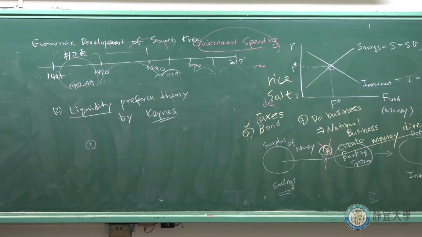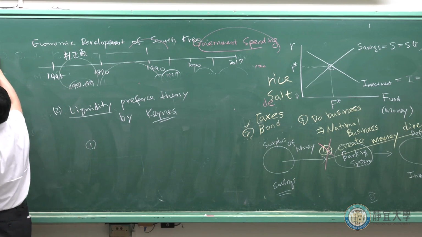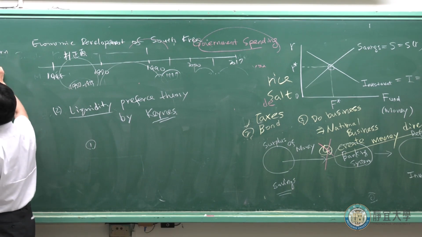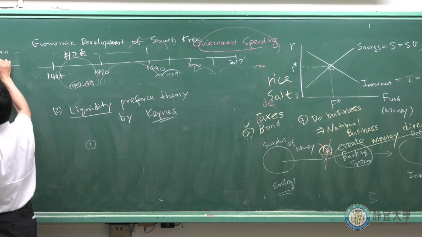This is the liquidity. Okay? And one is bond safety, or you consider the risk. And you also can consider return. Okay? For the year.